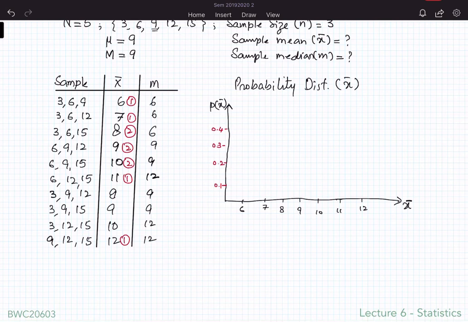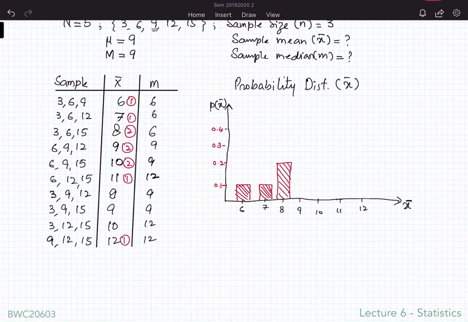So 6 has a probability of 0.1, and 7 has 0.1 again. 8 has 2, meaning 0.2. Plot it like this.